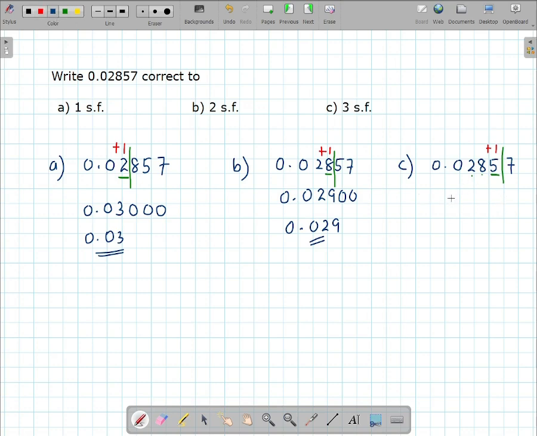So this becomes 0.0286. 285, add 1, 286, and after the separation, 0. Since this is a decimal number, we can write 0.0286. No need for this 0.